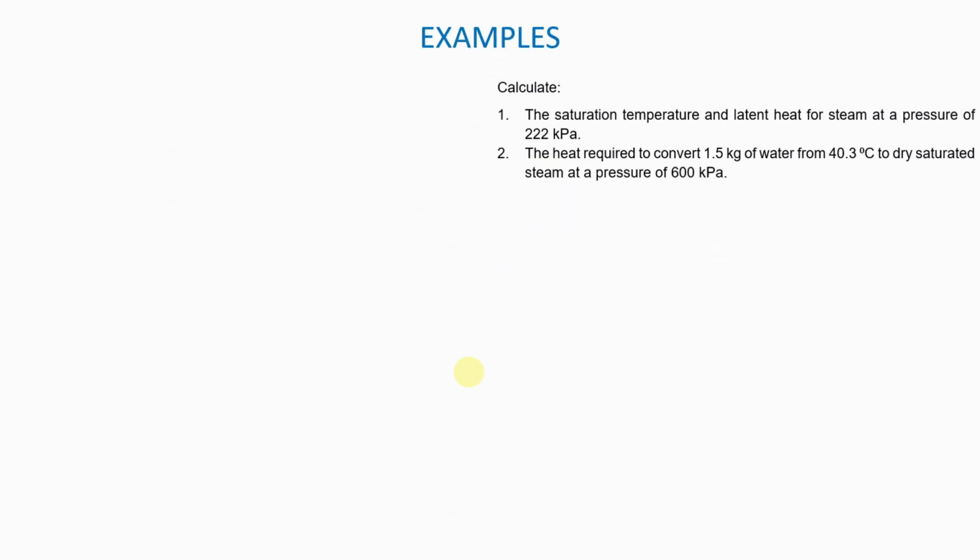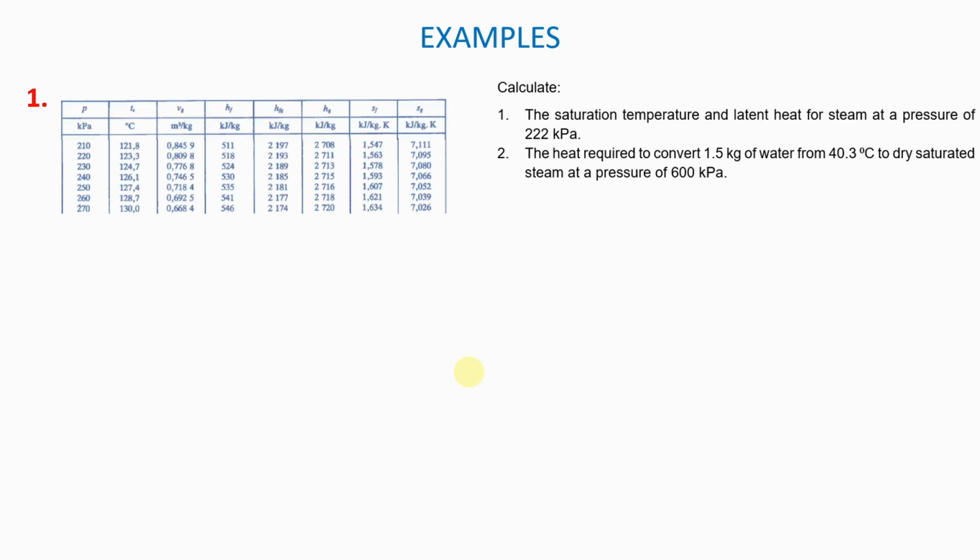So for the first question, you have to find the saturation temperature and latent heat for steam at a pressure of 222 kilopascals. If you look at the table, you will see that in our steam table, we do not have a value for 222 kilopascals.